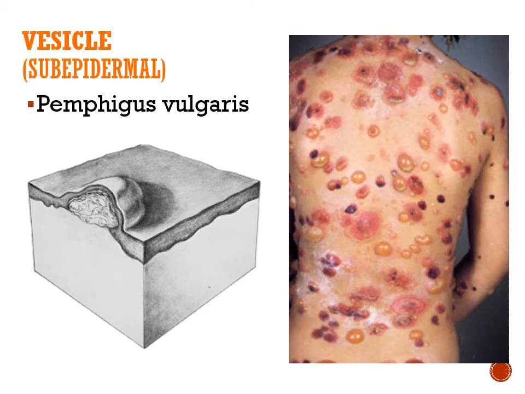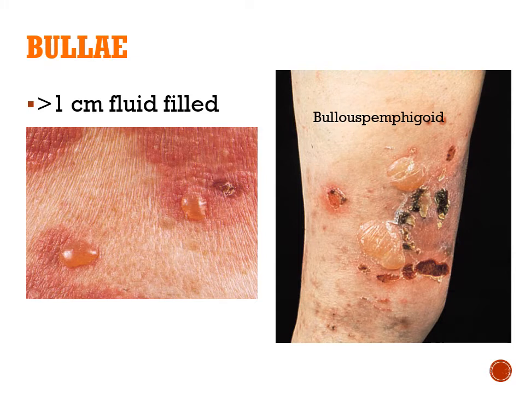The split can also occur right beneath the epidermis, and this is often seen in bullous disorders like pemphigus vulgaris. If the fluid-filled lesion is more than 1 centimeter, they only differ from the vesicle in size. The fluid content of a vesicle or a bulla may be useful in cytologically confirming the diagnosis of the disease.